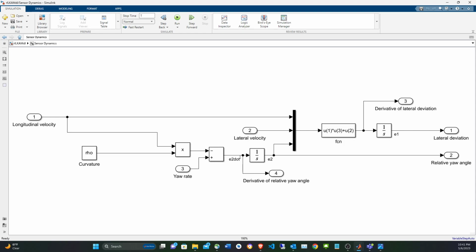So we have easily the speed in here. Then we apply the integral and we get the actual deviation. And then the actual deviation plus longitudinal velocity and lateral velocity are computed together to get the lateral deviation. But this is a speed, so we have to integrate to get the actual lateral deviation. This is the variable that matters the most in here.